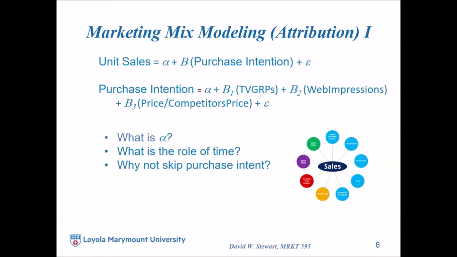The key issue in doing this type of analysis is to get the timing right. It's not when I pay for advertising. It's when people see the advertising that influences sales.